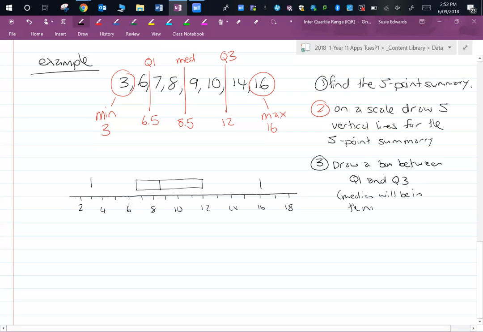Now, it doesn't have to be in the middle of the box because one quarter might be smaller than the other, because the data might be more spread out in certain areas. And then what's the last bit? Box and whiskers. Okay, so draw a line connecting the minimum and Q1 and the maximum and Q3.